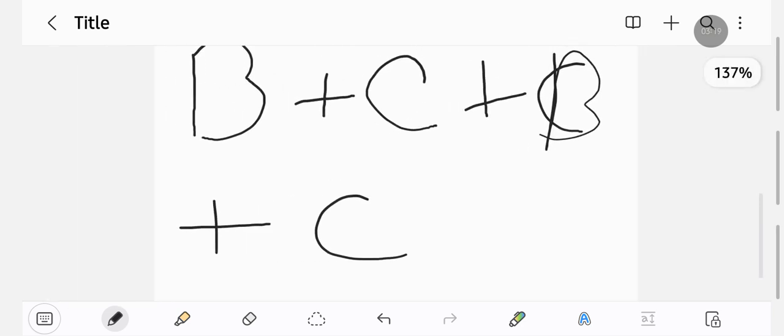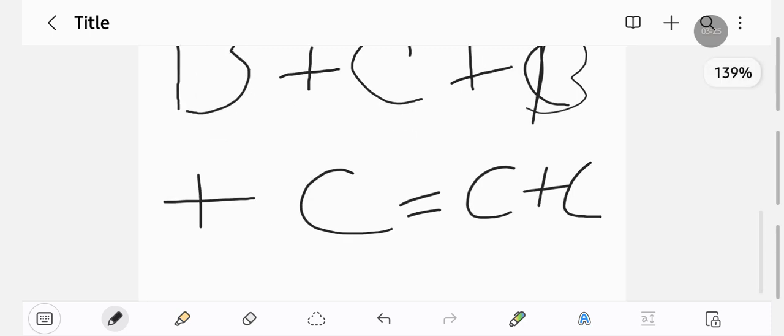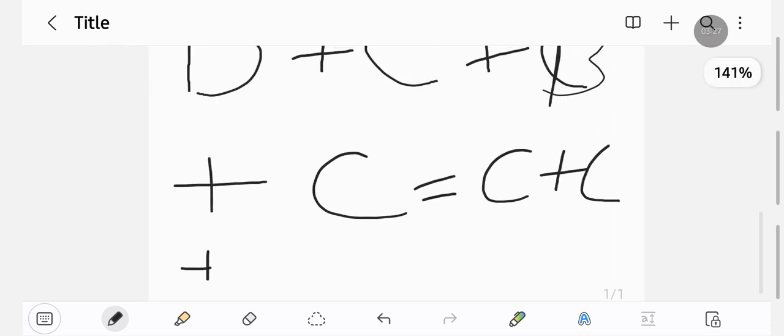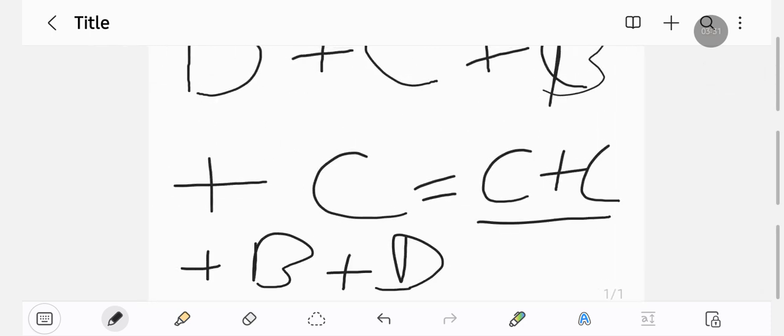Now we can write it as c plus c plus b plus b. Now see how many b's are added and how many c's are added. We know c plus c is 2 times c, because 2 times anything means to add it repeatedly.